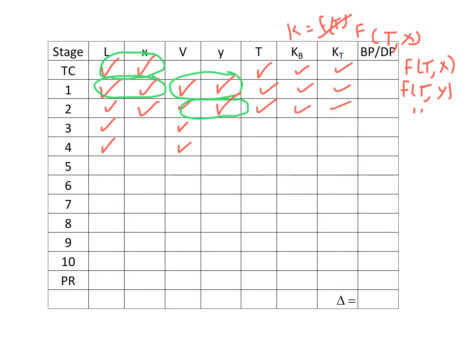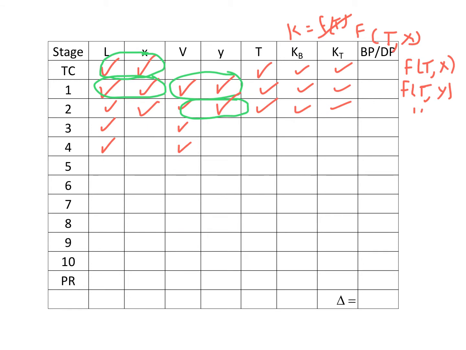So that's a problem, because if we're trying to calculate the composition in the liquid phase, we need that very same composition in order to calculate the K values. So Excel calls this a circular reference, and it will not do that. So we have to have a different strategy.